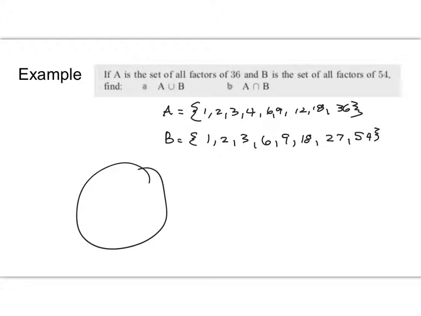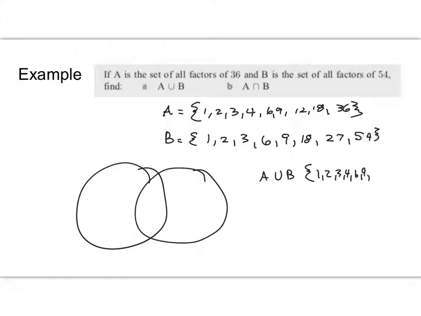So I'm going to find the set of all the ones that, if I join both sets, then that's going to be 1, 2, 3, 4, 6, 9, 12, 18, 27, 36, and 54.